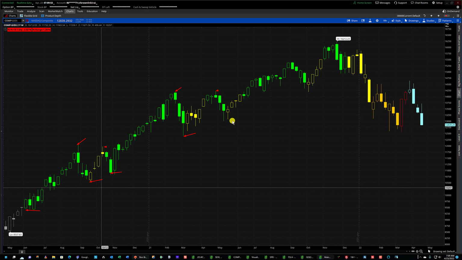We had a slightly higher high here, but the higher low held above this low, and so on and so forth. Higher high, higher low. Then we got up to here, higher high, and then we started seeing a series of, first of all, here's a low, and then here is a lower high when compared to this high.